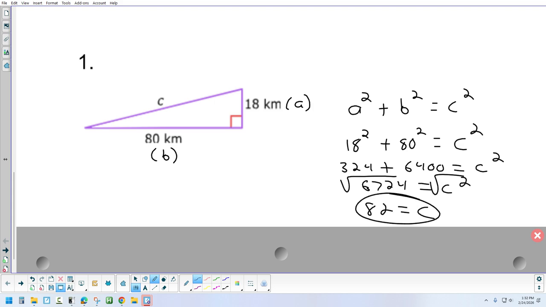And that's it. That's how you do the Pythagorean theorem. So C is 82. And we should put a label on it. What should it be? 82 what? Kilometers, because they had kilometers on here. So they're measuring distance, 82 kilometers.